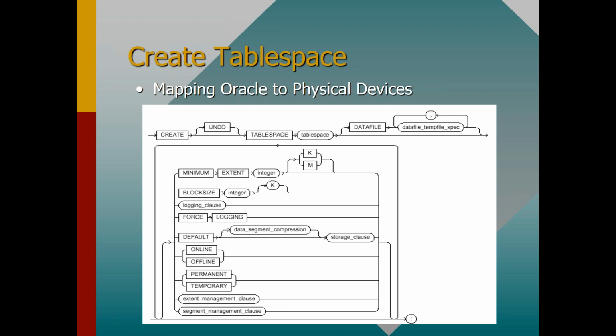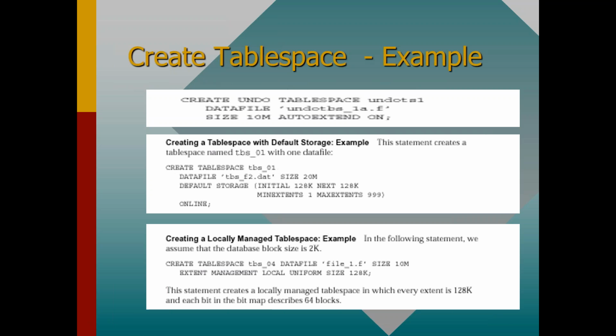This is an excerpt from Oracle documentation. These are some examples of how table spaces are created. Like in the first one, we are going to create an undo table space.